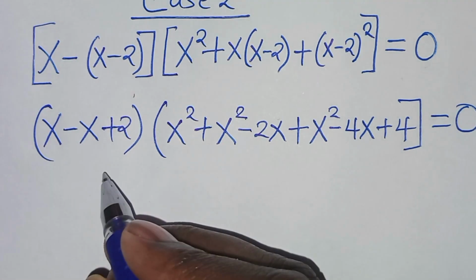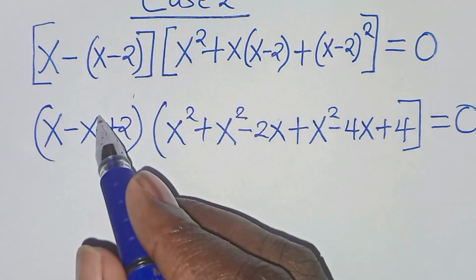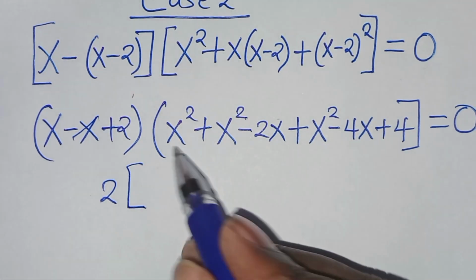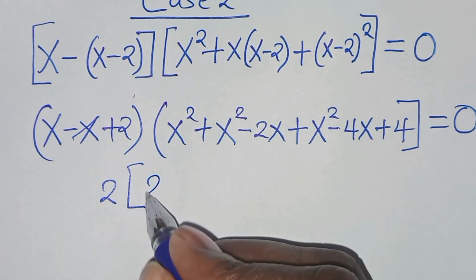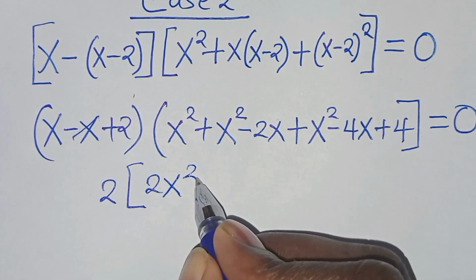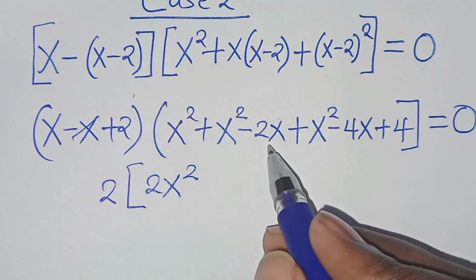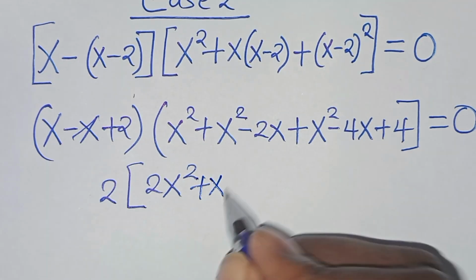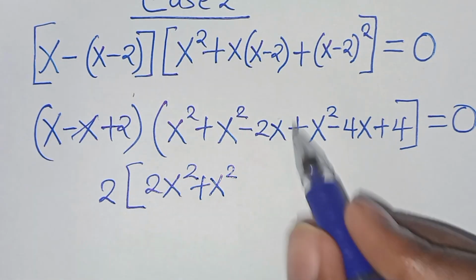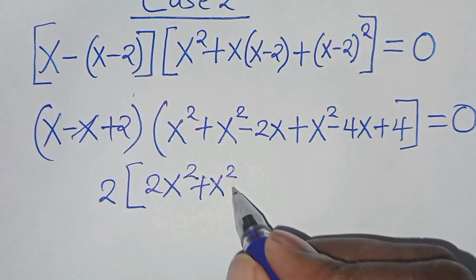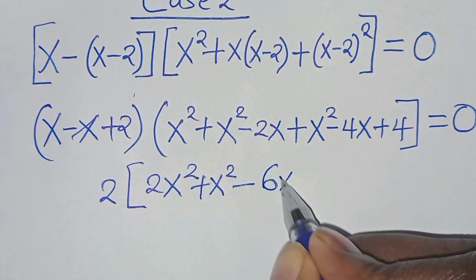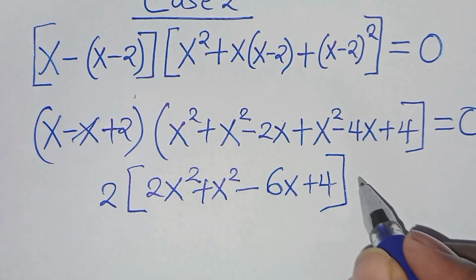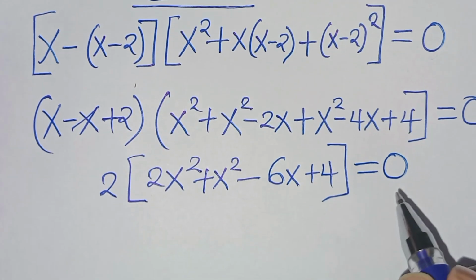The next step from here, x minus x simplifies, so here we have 2 multiplying x squared plus x squared, this is 2x squared, then we have x squared as well here, so plus x squared, then minus 2x minus 4x, this is minus 6x, then plus 4, close the parentheses from here, this is equal to 0.